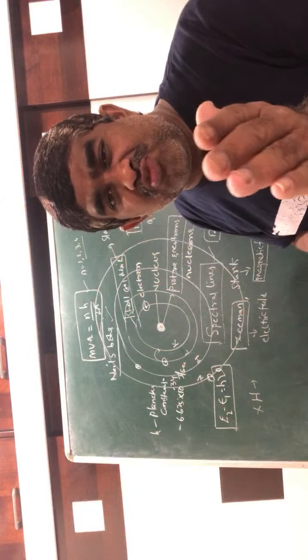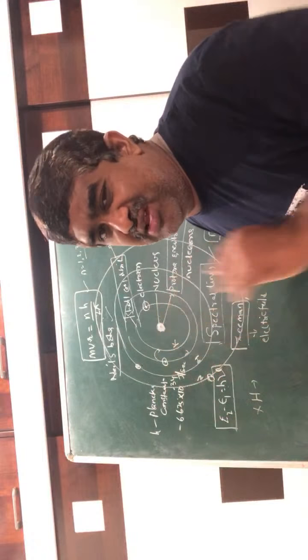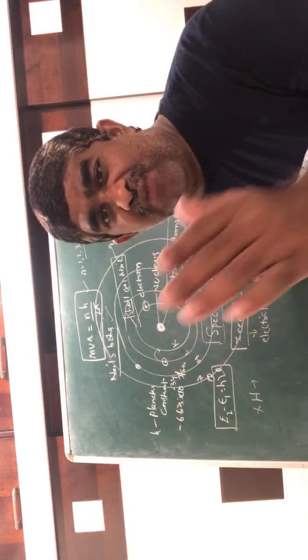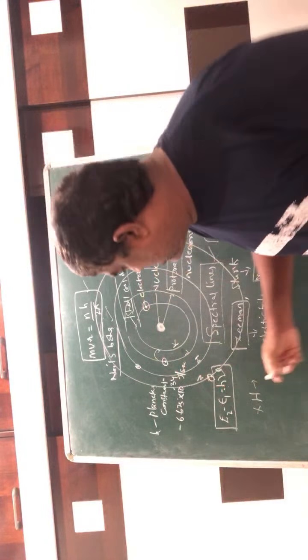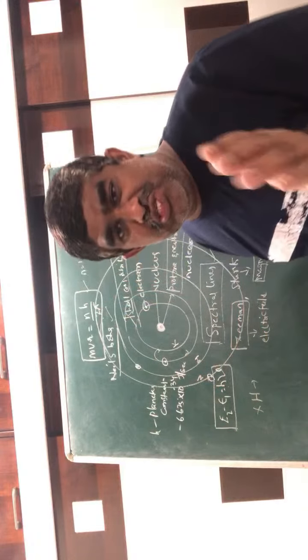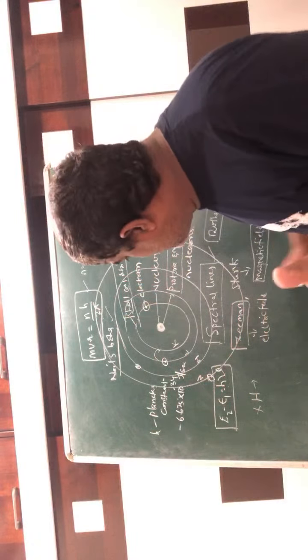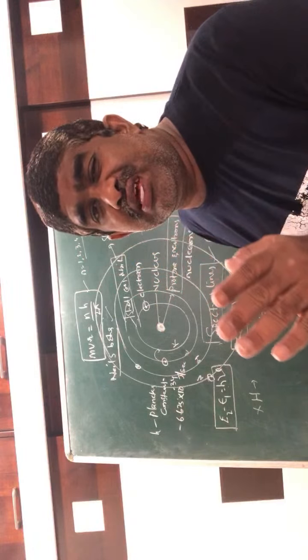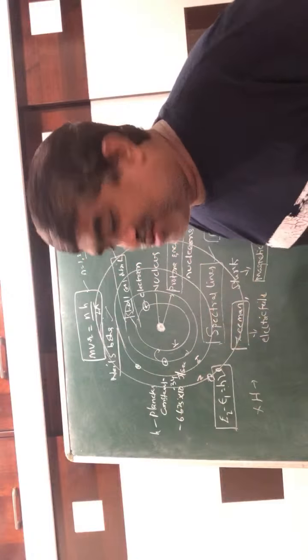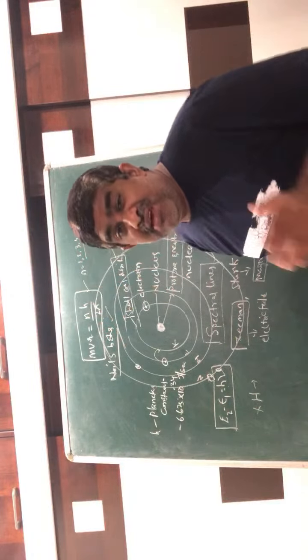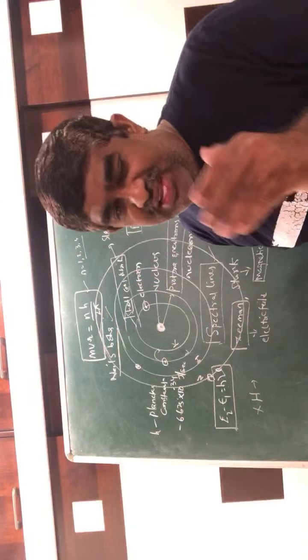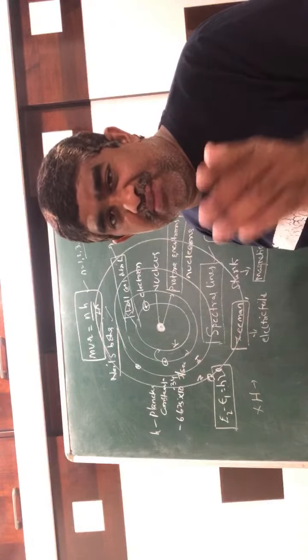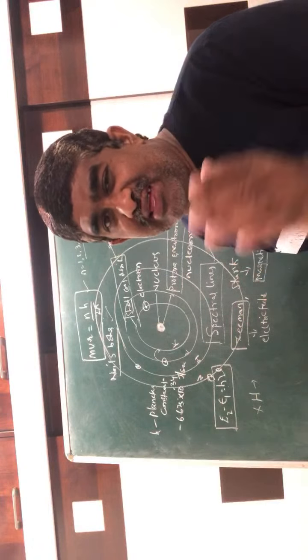When an electron jumps from a higher energy level to a lower energy level, it emits energy in the form of a photon, where E2 minus E1 equal to h nu. And the angular momentum of an electron revolving around the nucleus is equal to integral multiples of h by 2 pi. So mvr equal to nh by 2 pi, where h is called Planck's constant, m is the mass of the electron, v the velocity of the electron, r is the radius.